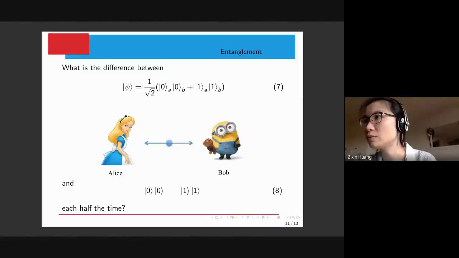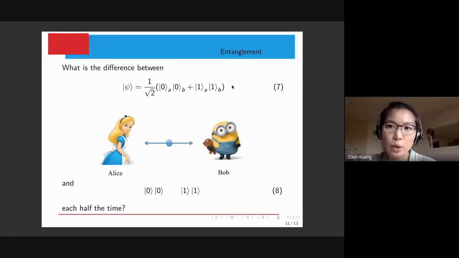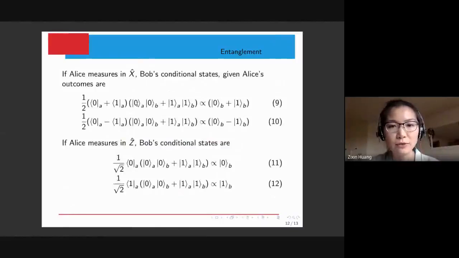So let's do this on the board. What I claimed before was that if Alice measures in the plus basis, Bob would also measure in the plus basis. So I want to do 9 and 10 on the board.